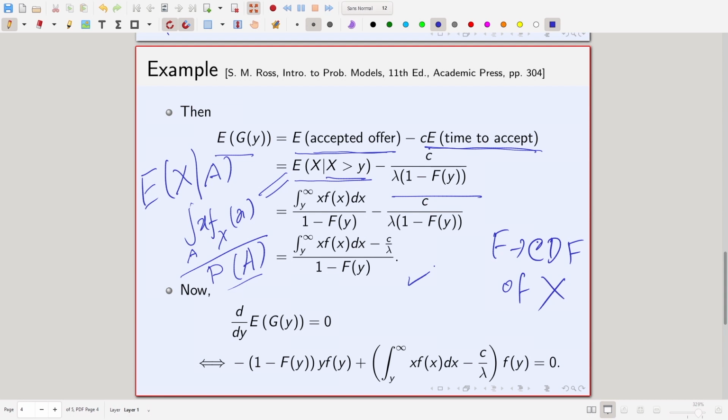Now, what are you trying to do in this problem? You are trying to find the optimal value of y. Optimal in the sense that the value of y which will maximize your expected net return. If you want to find the point where a function is maximized, what do you do? You differentiate the function and put the derivative equal to 0.